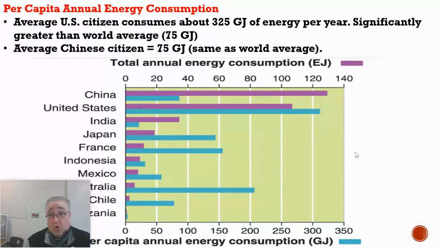That's why their total use is so high. But in the US, not only is our total energy use high, but our per capita use is high. I mean, we use more energy per person than any other country on the planet.